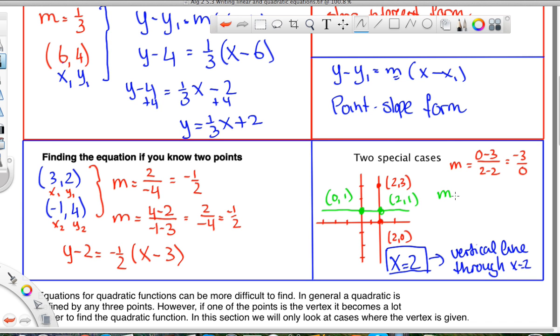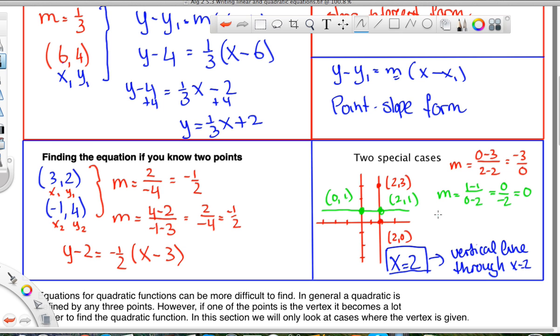Finding the slope here would be 1 minus 1, so subtract the x's, 1 minus 1 divided by 0 minus 2. And that would be 0 divided by negative 2, and that's 0. So a horizontal line has a slope that's equal to 0.